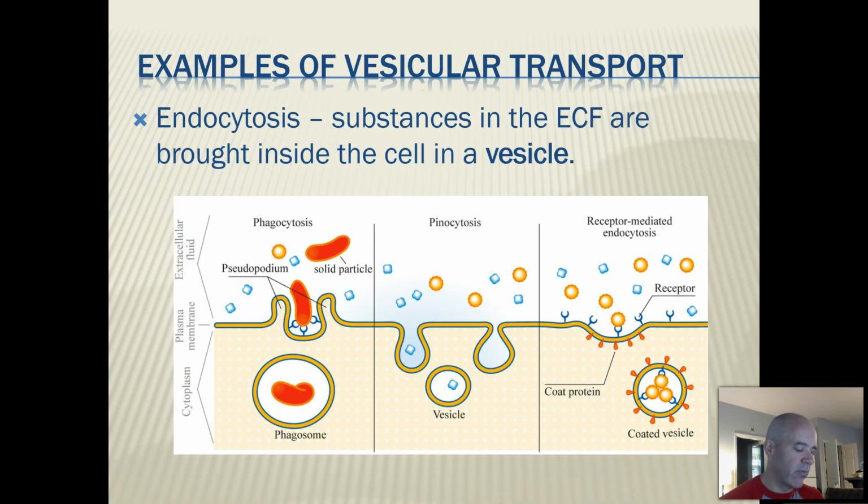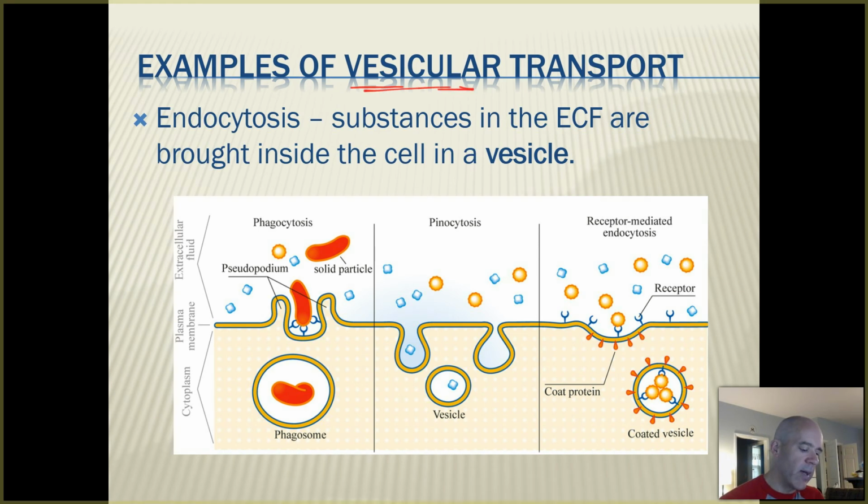So that's active transport. Vesicular transport, what in the world does that mean? What does vesicular mean? Sometimes cells have to package things in a membrane-covered little compartment or bubble to bring them into the cell, or to transport things to the cell surface so that they can be released to the outside of the cell.